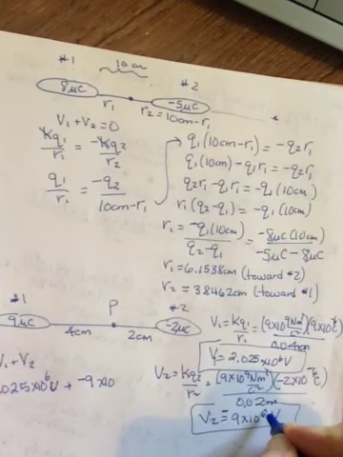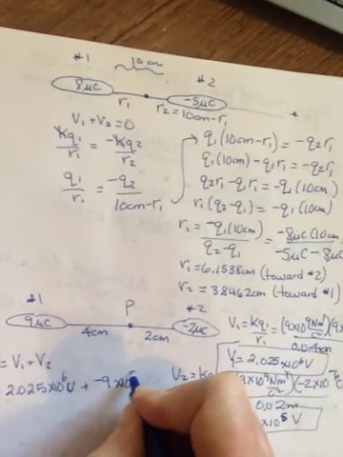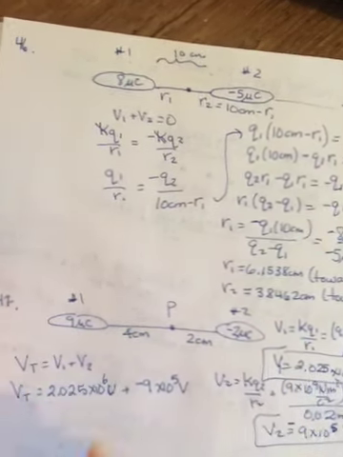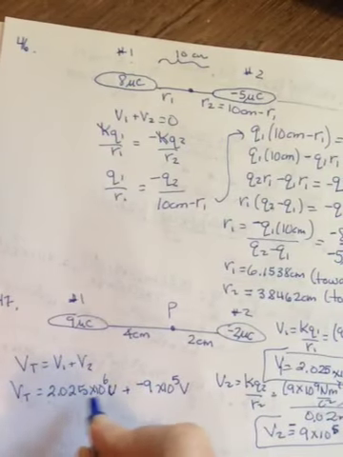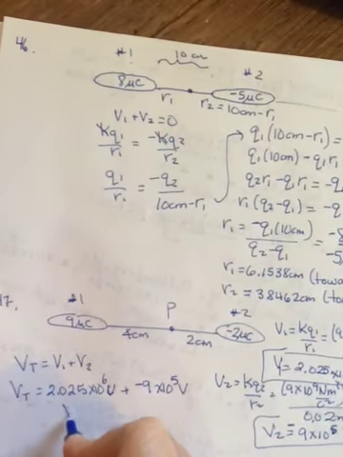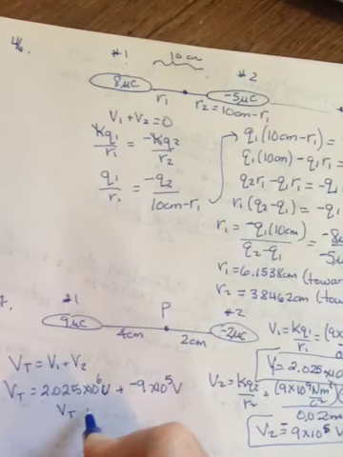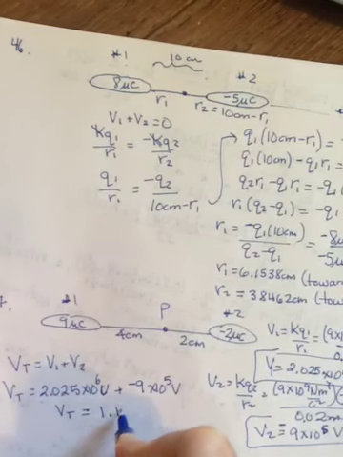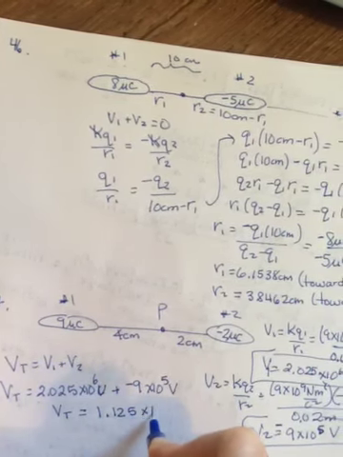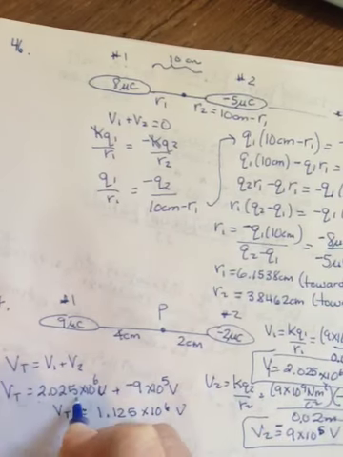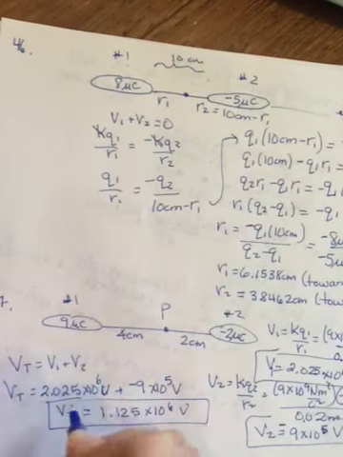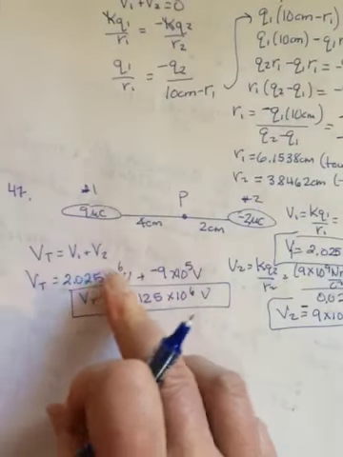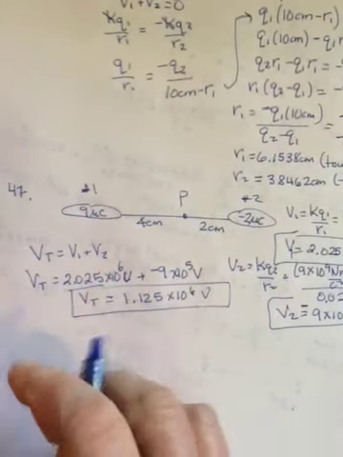Sorry. This is a 5 here. 9 times 10 to the 5 volts. So when you do this, really, then you end up taking away the 9 from the 20. So you'll get 1.125 times 10 to the 6 volts. I was just doing the math in my head there in case you were wondering where I was getting 9 and 20, because this is like 20 to the 5th.